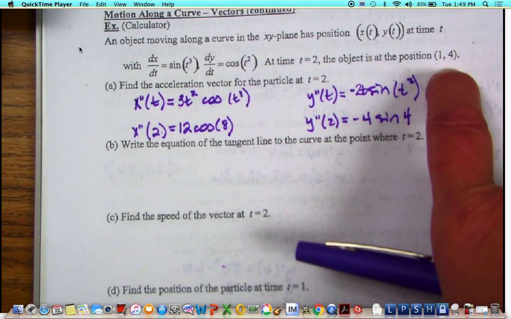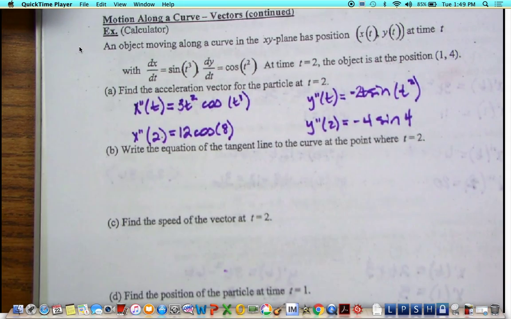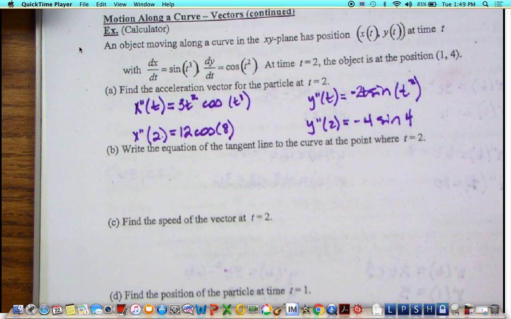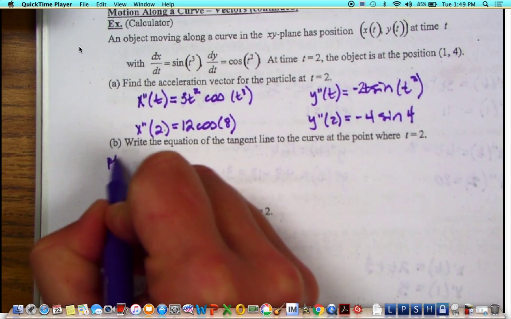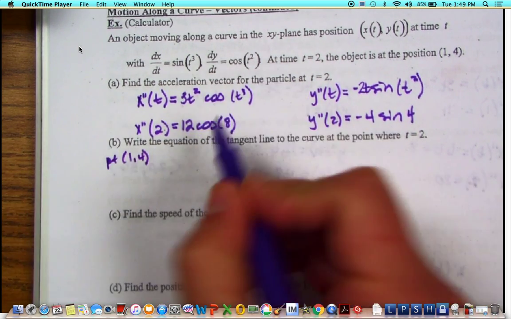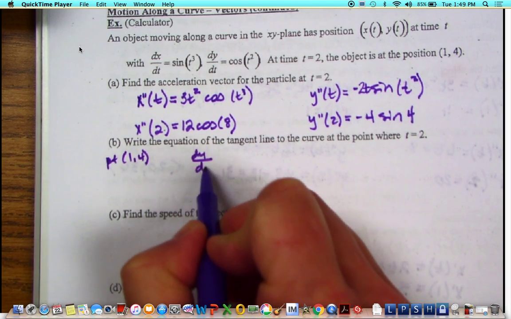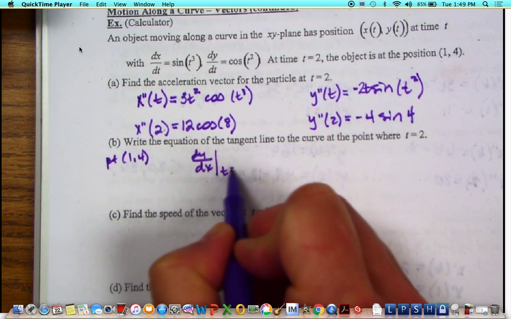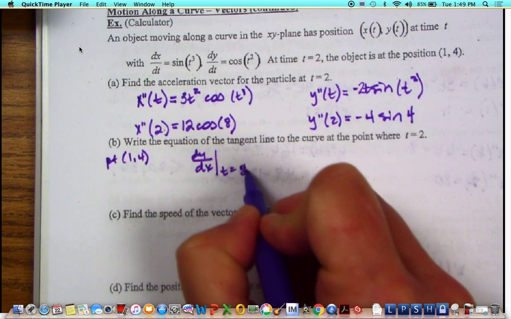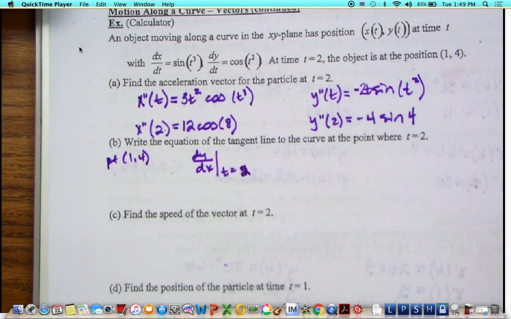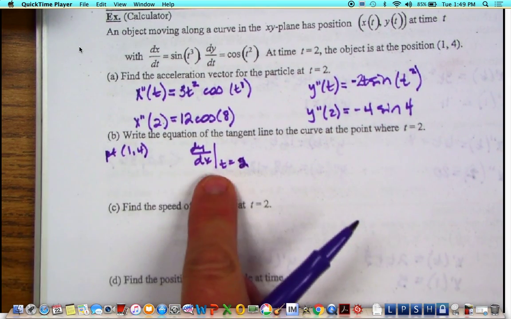Are you with me? Okay, so remember I just said a while ago how parametrics and vectors get combined into one problem? Here you go. Okay, so my point is 1, 4, and now I need the slope. Oops, at t equals 2. Right, so there's my point at 2, I need my slope at 2.